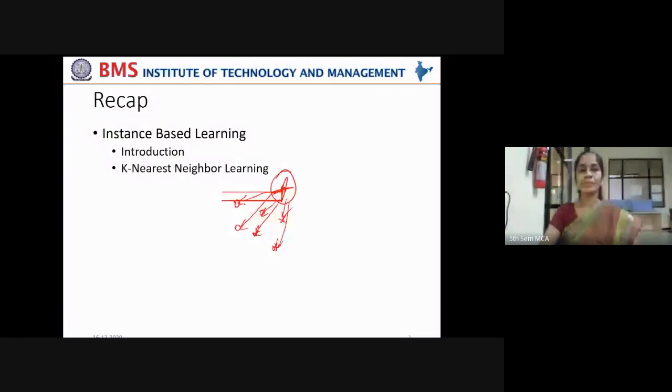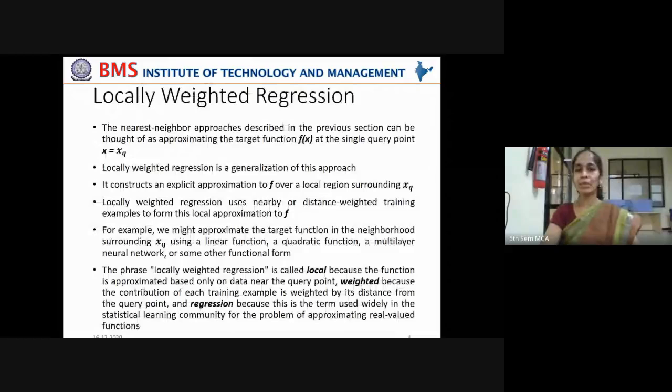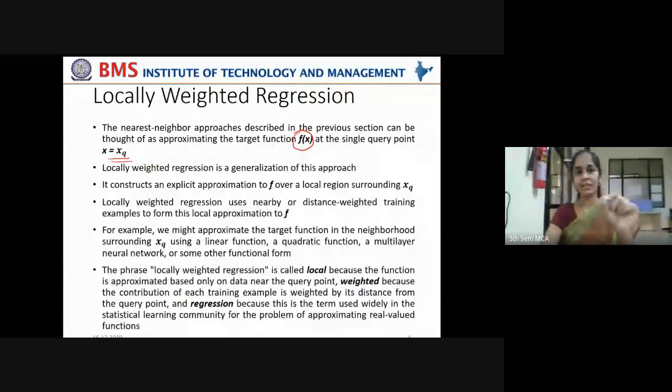Now in today's class, we are going to see locally weighted regression and radial basis functions. The nearest neighbor approaches described in the previous class can be thought of as approximating the target function f of x at the single query point x equal to x_q. So we are taking one new instance, and that instance's distance with other instances is checked.